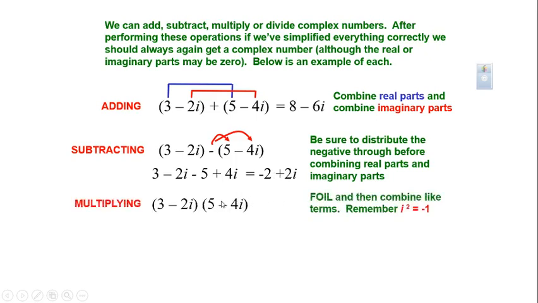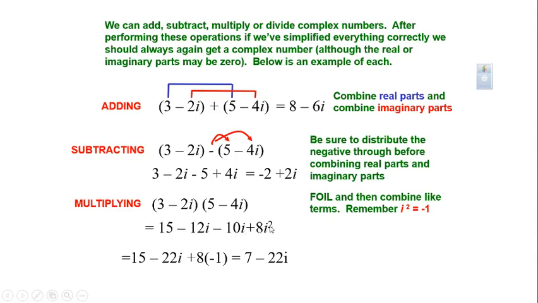When multiplying, we use the distributive property, known as FOIL when you're multiplying two binomials, but the distributive property more precisely. We multiply 3 by 5 and 3 by negative 4i, negative 2i by 5 and negative 2i by negative 4i. And we get this result, 15 minus 12i minus 10i plus 8i squared.